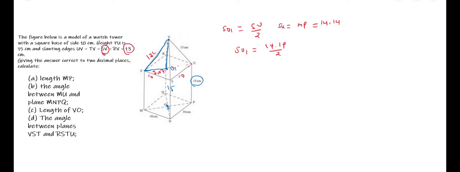SV is 13. So in that triangle, we can say from triangle VSO1, we draw that triangle VSO1. SO1 is 7.07 and this is 13.